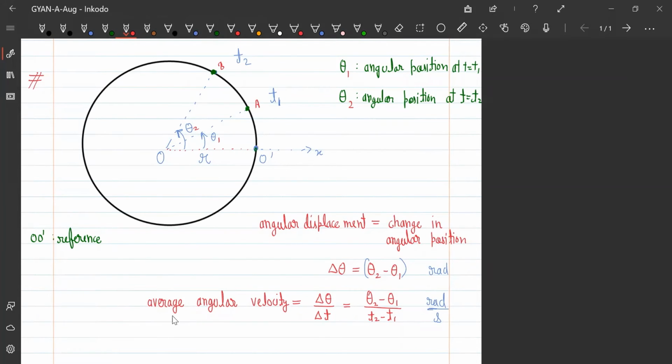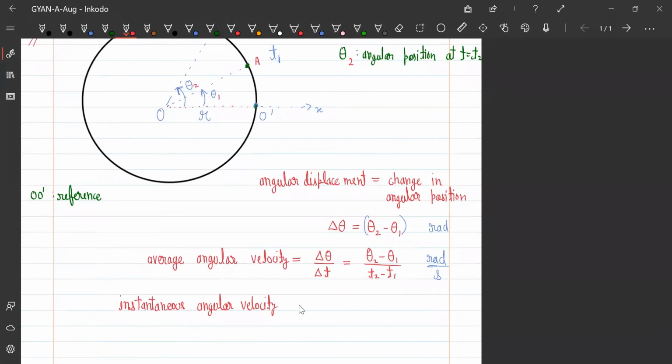Now average angular velocity define करने के बाद we can define instantaneous angular velocity. So instantaneous angular velocity means angular velocity at any instant. For that, we take the concept of limit.